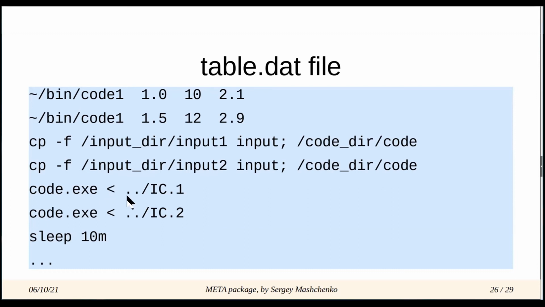And then you can use a redirect. And remember, the default behavior: you're doing it inside a subdirectory below the farm directory. So if you placed all your initial condition files in the root farm directory, then you redirect from one level up. But otherwise, you can put any executable command. These are all okay to be used as table.dat lines.